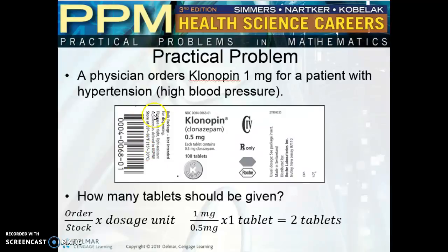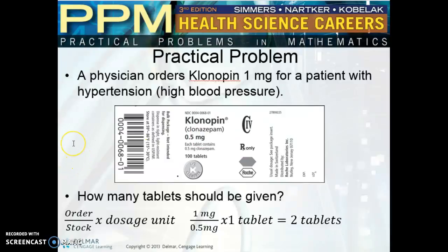It also over here tells you a little bit about storing and dispensing, how it's supposed to be done. You're also going to see expirations and things like that on this side, if this was a legitimate label. One other thing to notice is this section. This C with the IV in the middle tells you this is a class 4 narcotic. And this tells you that it's prescription only. So a lot of important things on this particular label.